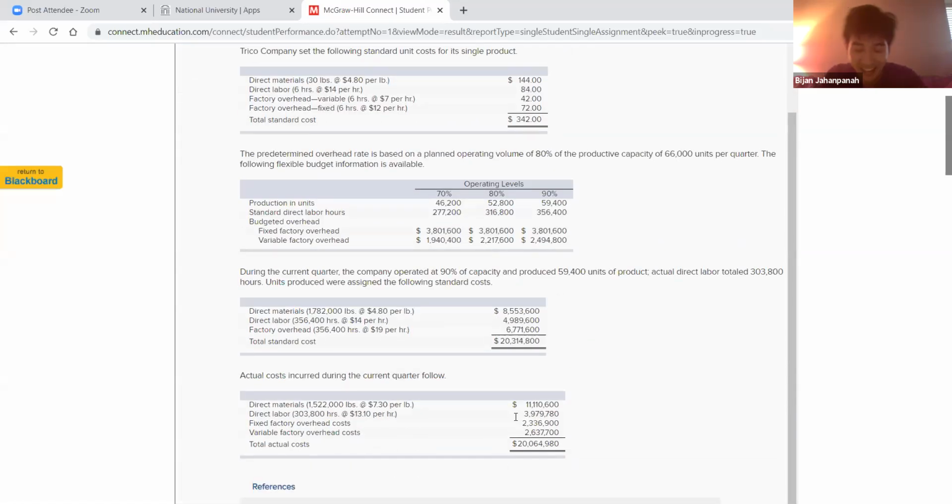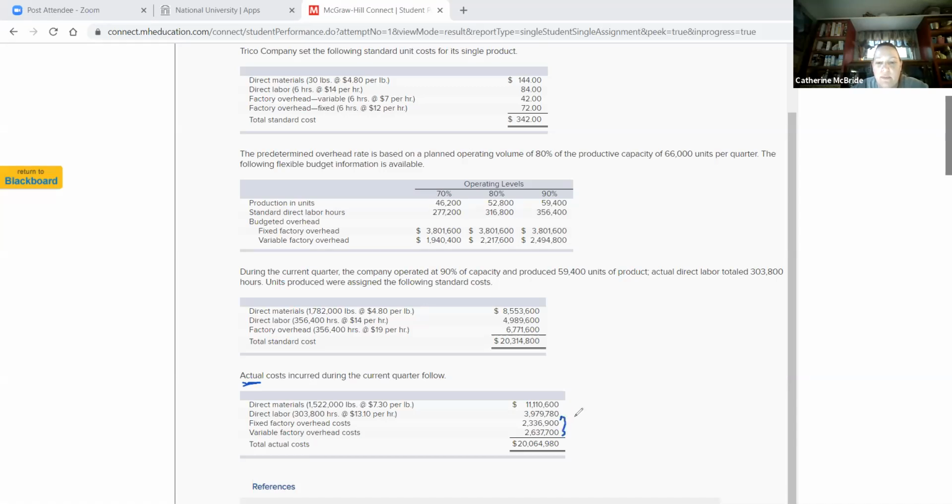Yeah. So when you're looking at actual, we're just taking, so these are actual. I'm not able to write. These are actual, and so we're adding these together.